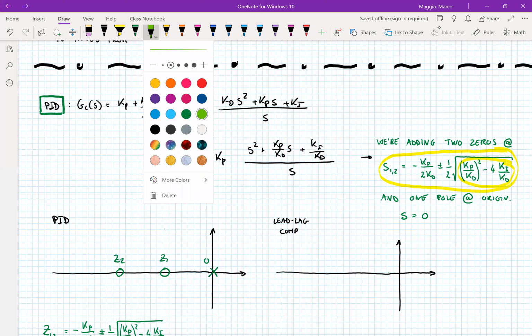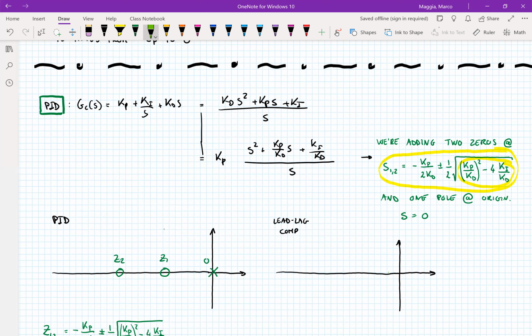Now let's consider what happens for a lead lag compensator. That is, we have both the pair of zero and pole for the lead and the zero and the pole for the lag. All right.